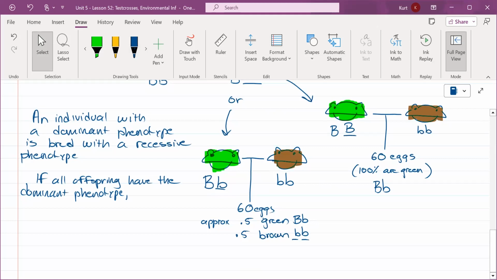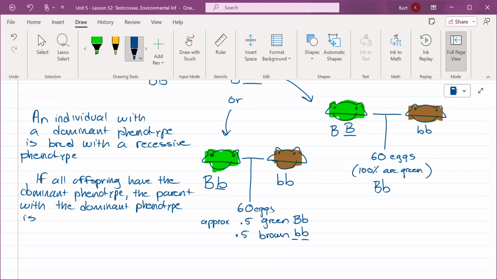Yep. If all the offspring have the dominant phenotype, the parent with the dominant phenotype is likely homozygous dominant.